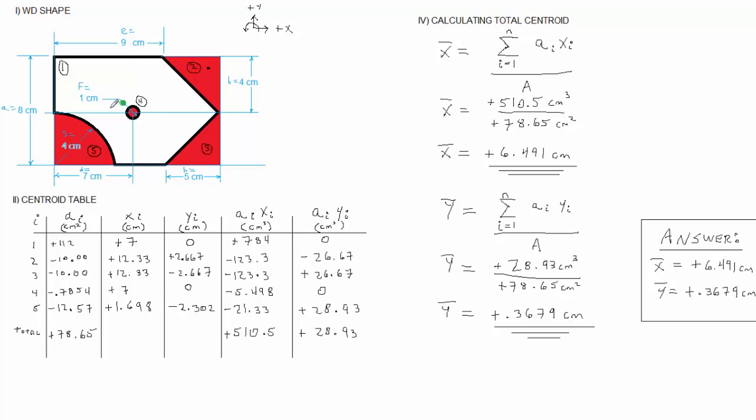So I like to go back and actually draw it in the diagram. We've removed extra area off of this side, which would push the center back that way. And we've also removed more area from the bottom below the x-axis than we have from the top, so that would push the center up. So that looks to be approximately correct. Obviously that's not going to tell you entirely if the answer is spot on, but it'll at least get you close.